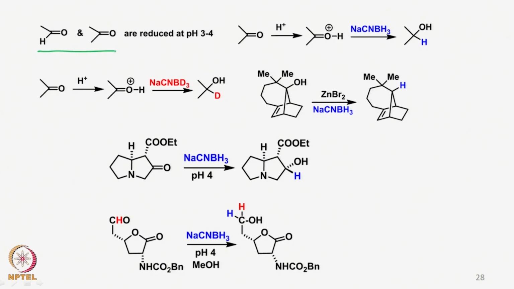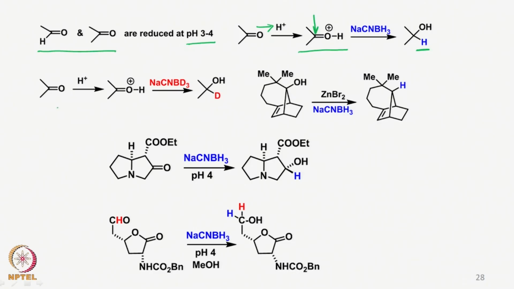For that purpose, since sodium cyanoborohydride is stable up to pH 3 to 4, we can add acid, where the carbonyl group gets protonated to form the corresponding oxonium ion, which is then fairly good electrophilic in nature, to which sodium cyanoborohydride reacts, and then hydrogen is transferred as a hydride and the corresponding alcohol is formed.